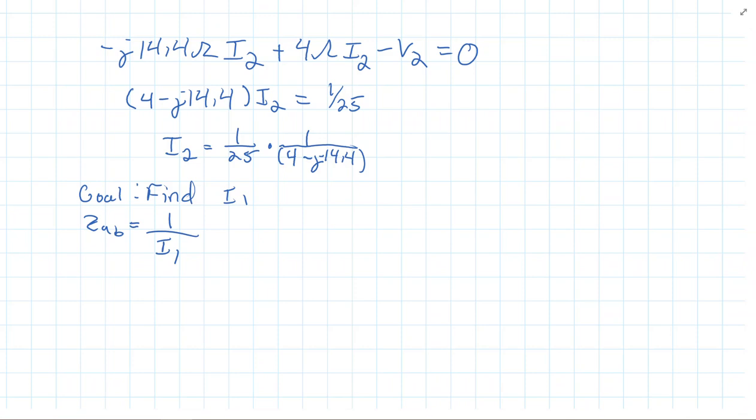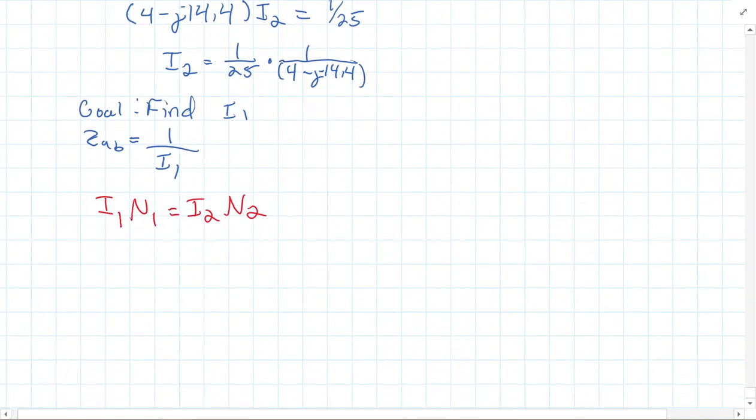But then I'll switch colors again here because I like to switch colors. We have another equation that I1 N1 is equal to I2 N2. Okay, well, now I know what I2 is, so I've got I1 times 25 is equal to I2 times 1.